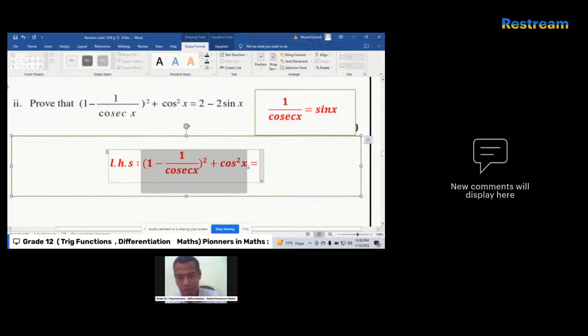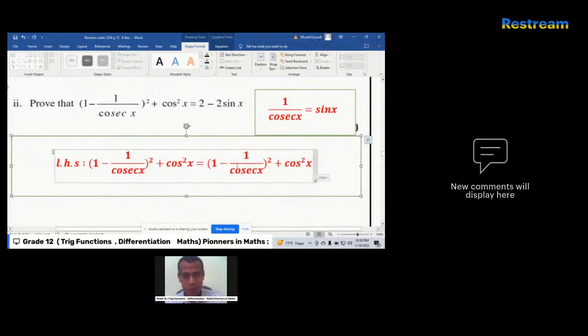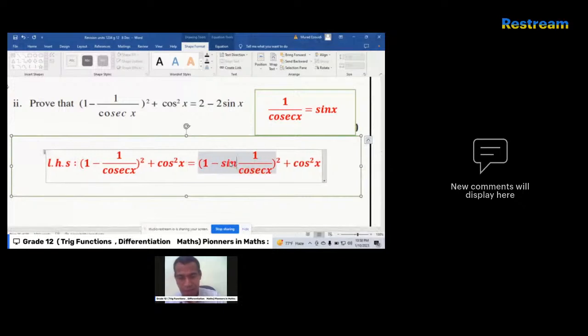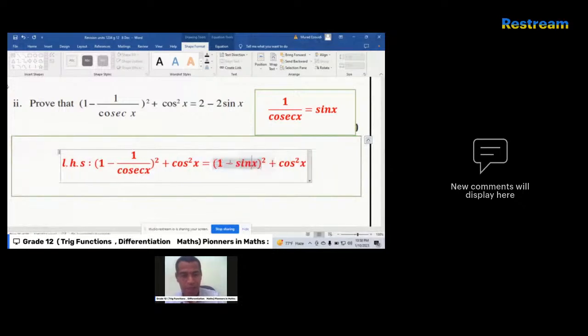So this one is equal to 1 minus sine x, all squared. And this is written as (a minus b) squared, which is a square minus 2ab plus b square.